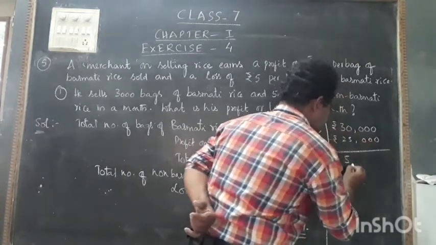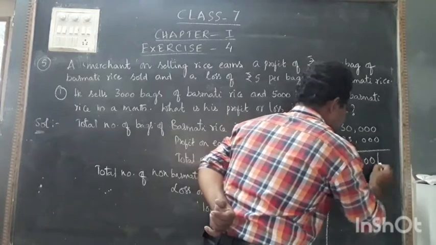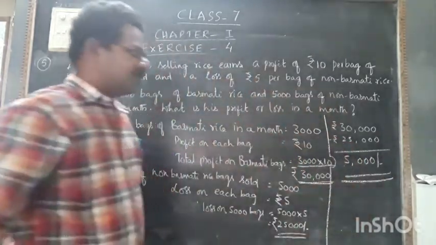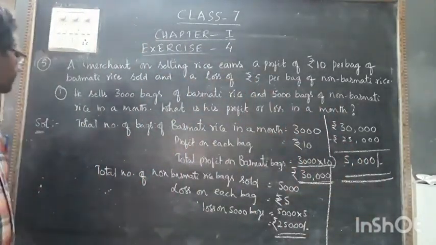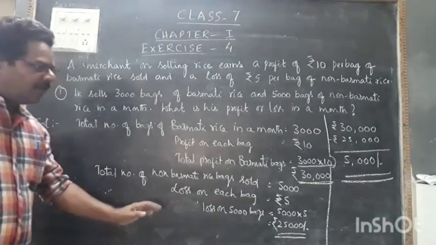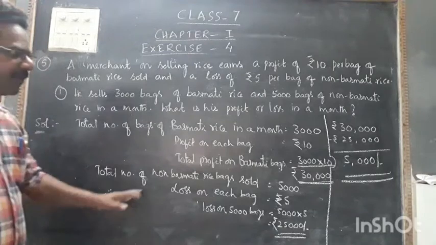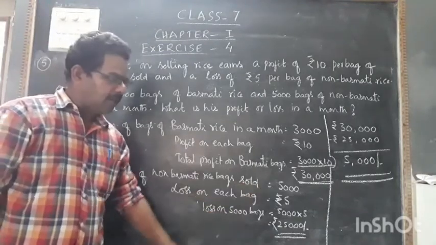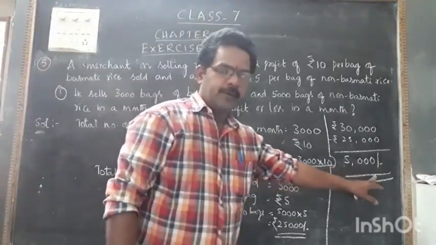This is equal to 5,000 rupees is the profit of the merchant in that month. Understand? Okay. Finally we have to write: profit of the merchant in the month is equal to 5,000 rupees.